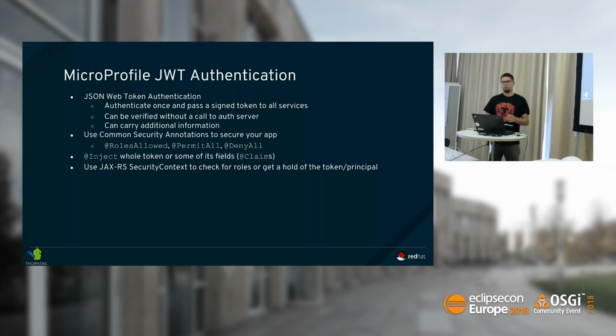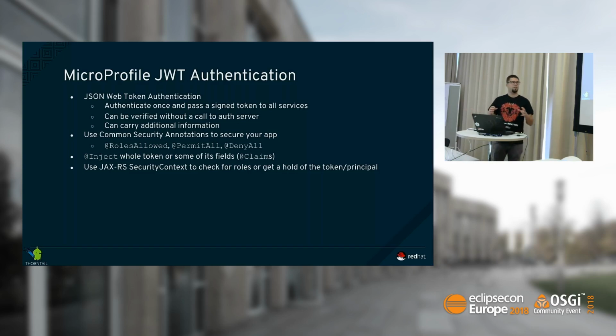Another thing is MicroProfile JWT authentication. It stands for JSON Web Token. JSON Web Token is a concept where you have some JSON data defining things like roles of a user and username, and this data is signed by a trusted authority.